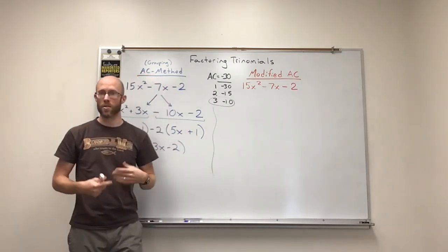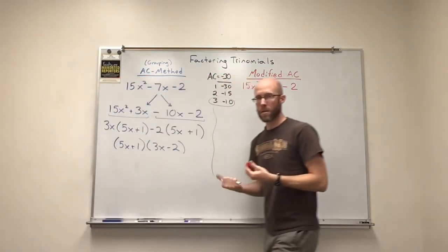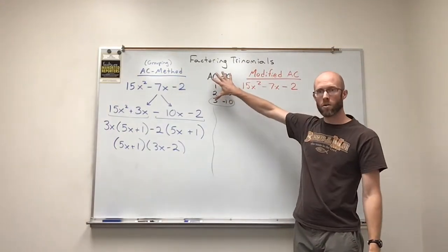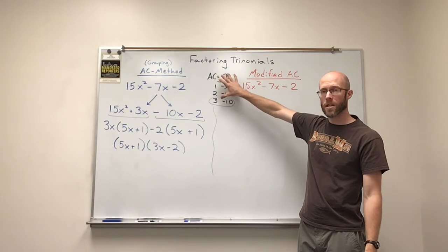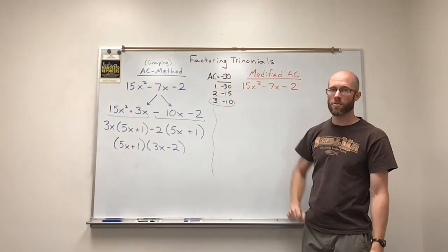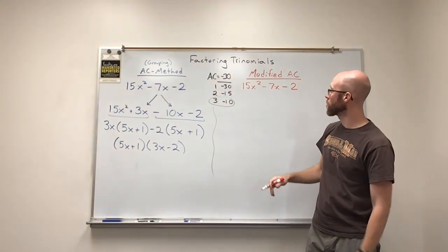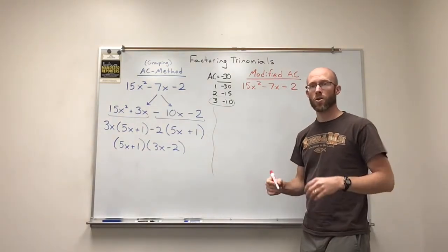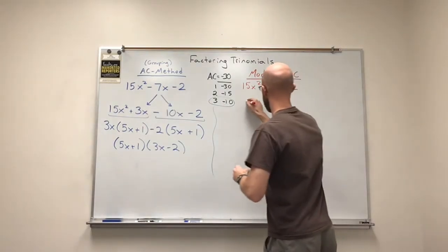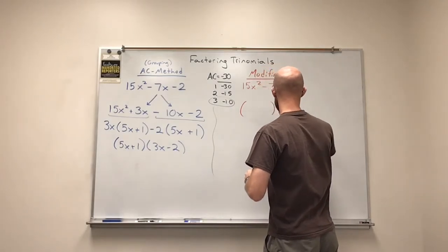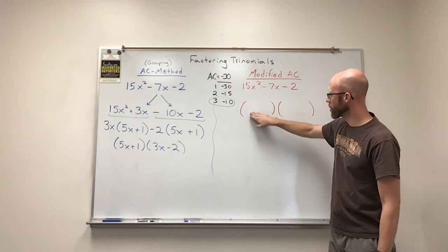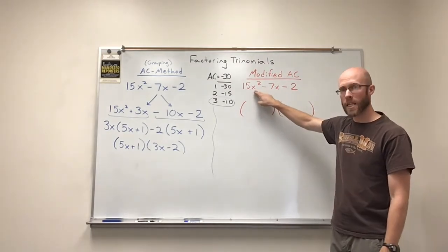And you'll see, I think it's a little bit quicker, and maybe simpler. So again, you would start out doing this whole AC calculation, finding the factors that add up to -7, and we found there are 3 and -10. And so right away, once I do that, I set up my two sets of parentheses, and in the two sets of parentheses, I put 15x.